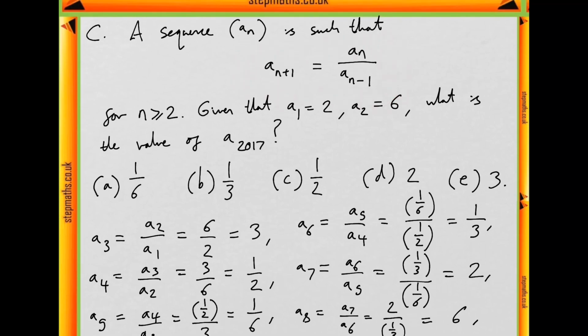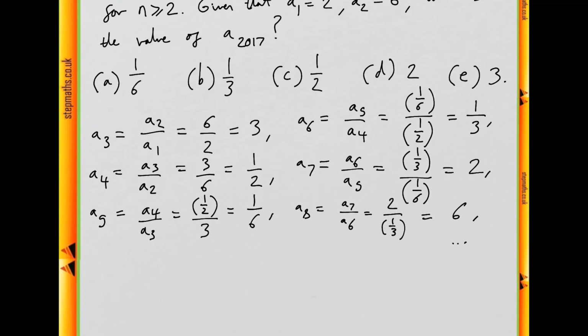So a_(n+1) is a_n over a_(n-1). If we write that out and now think about a_n, using the formula within itself, a_n can be written as a_(n-1) over a_(n-2).